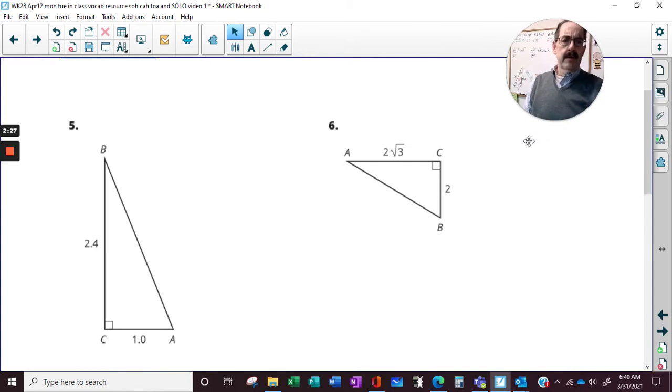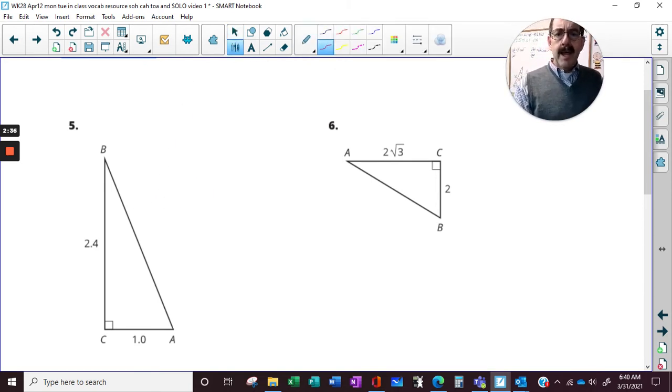Now, one of the problems with today's warm-up is I don't have all the information. I'm missing this. And I don't want us to ever forget how to calculate the hypotenuse, the HYP. Across from the 90 degree is the HYP, the hypotenuse.